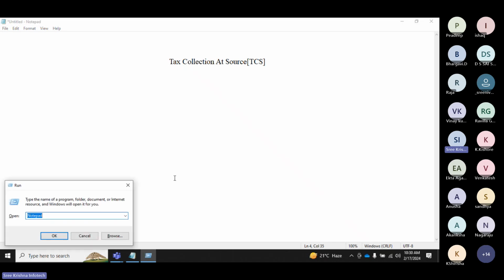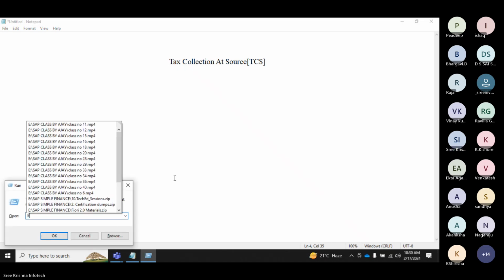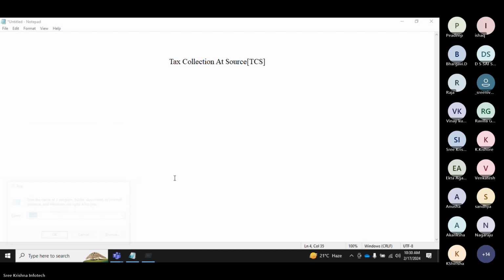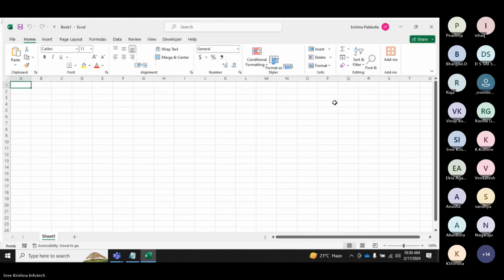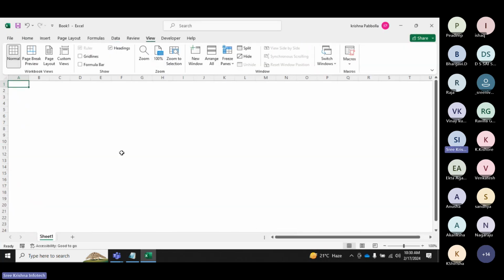Okay, once again I will explain you the whole concept. Then we'll go for SAP practicals. Okay, so before TCS, I will explain you what is the difference between TDS and TCS.